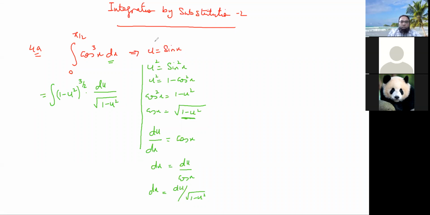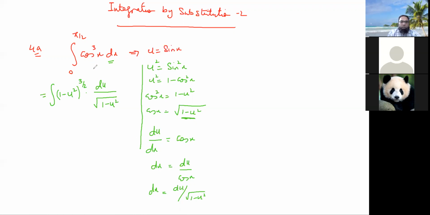We have to use this substitution to bring this cos cube x into a form in terms of u that we can really integrate. So far we had been given the substitution u equal to sine x, but we were given cos. So using all those identities, manipulating this algebraically, I got the value for cos x, and then I have got the value for dx.